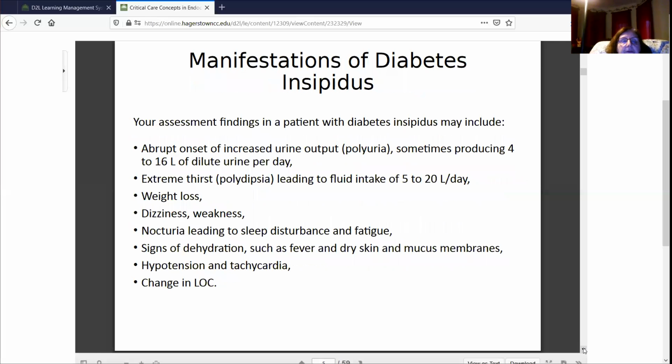Excuse me. So, what are the manifestations of diabetes insipidus? Abrupt onset of increased urine output, polyuria, sometimes producing 4 to 16 liters of dilute urine per day. That's a lot. Extreme thirst, polydipsia, leading to fluid intake of 5 to 20 liters per day.